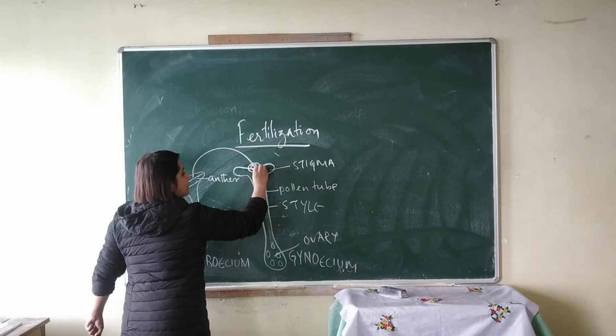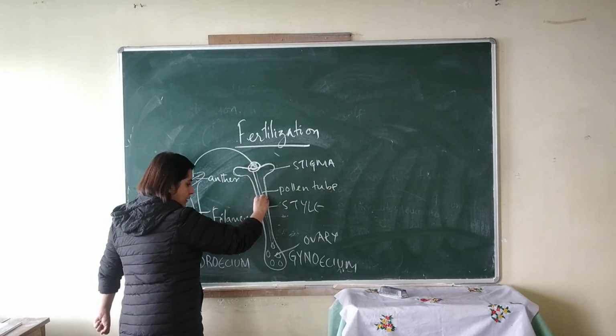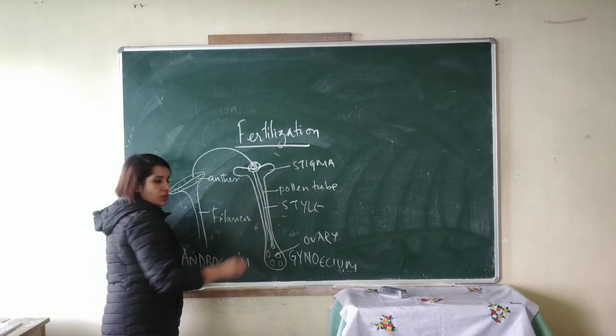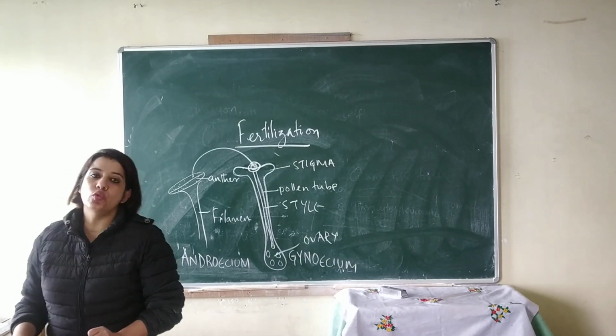So the pollen grains enlarge in size, they produce a pollen tube which reaches the ovary and enters the ovule.